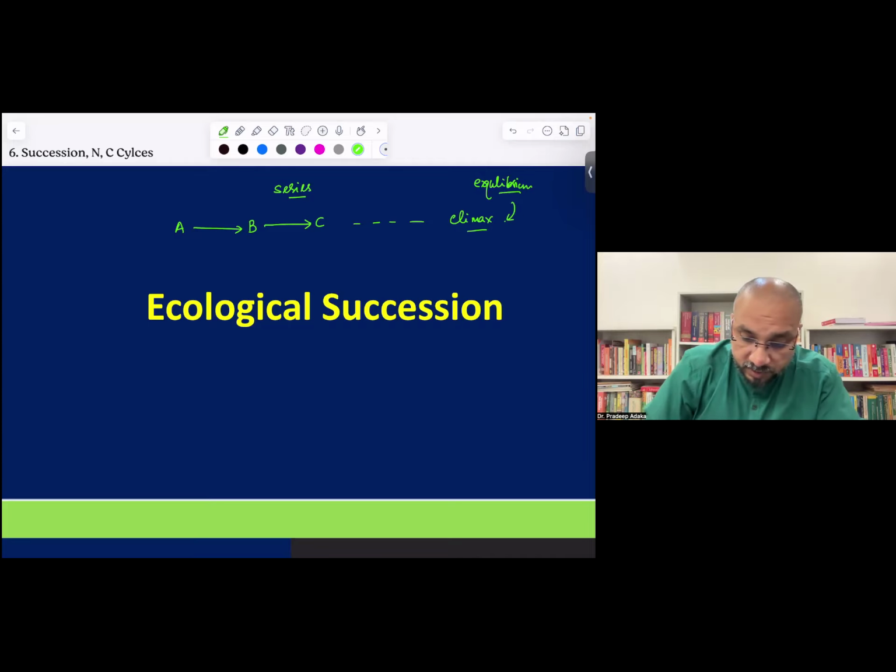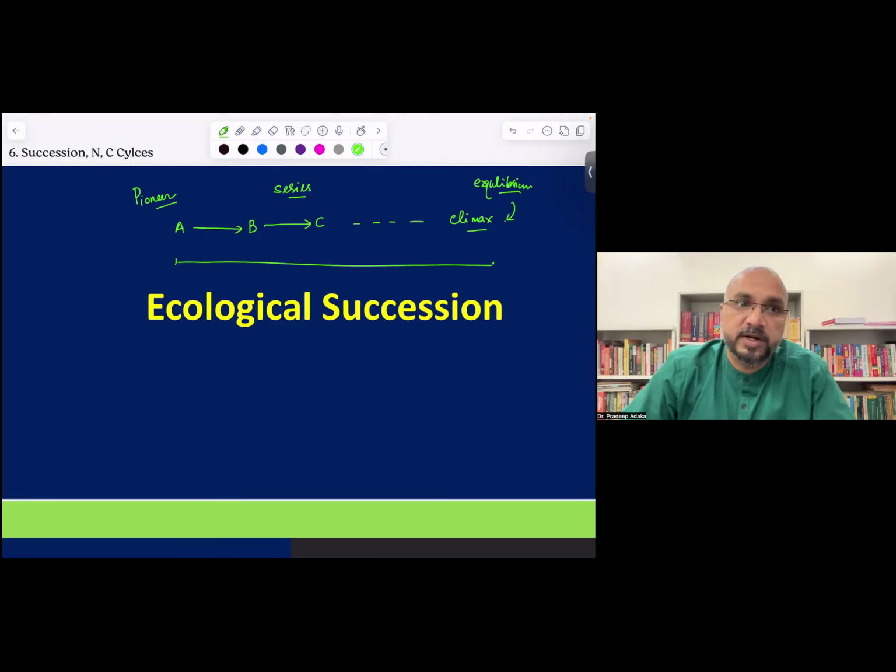So this process of change in the species composition, from your pioneer species, पायोनियर माने स्टार्टिंग जो करता है, जो शुरू करता है, पायोनियर स्पीशीज से लेकर क्लाइमैक्स स्पीशीज जो लास्ट अल्टीमेट स्पीशीज है, जो इक्विलिब्रियम में है एनवायरनमेंट के साथ. So to move through all these stages, it takes considerable period of time.